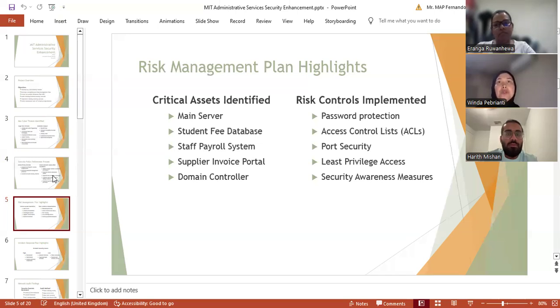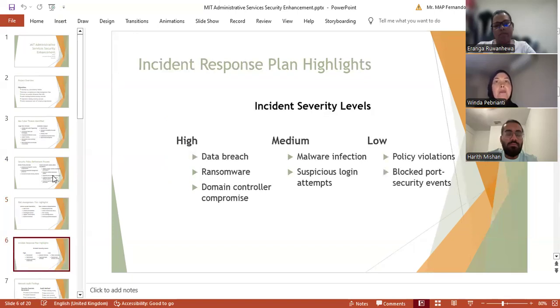These controls include strong passwords, access control, least privileged access, port security, and staff security awareness training. By implementing these controls, MIT can reduce the risks of cyber attacks and minimize the impact of security incidents.